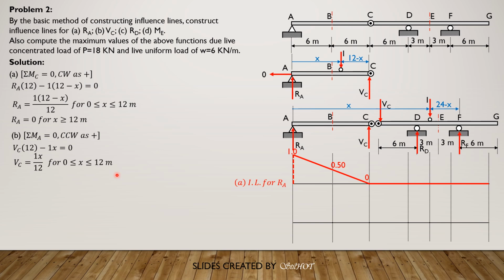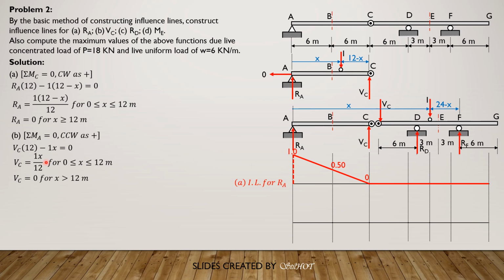This is for 0 to 12, the range of values of X. When X is greater than 12, the free body looks like this. If we sum up moment about A, then V sub C times 12 plus nothing equals 0. So V sub C is 0 for X greater than 12 meters.